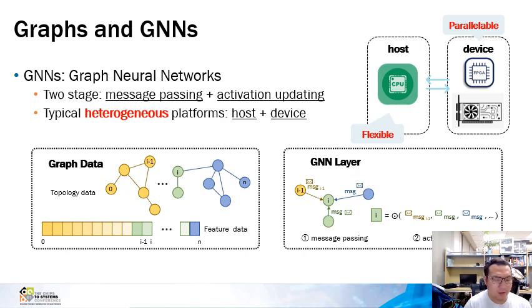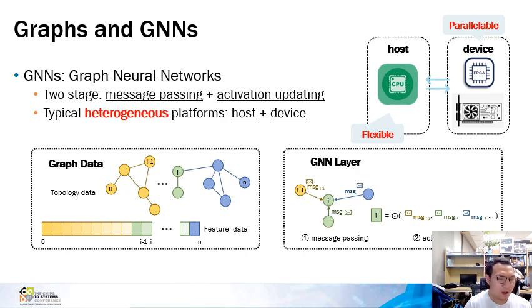Complex operations such as sampling and file IO are mainly executed on general-purpose platforms, which we call host. Massive but simple operations such as aggregate and combine are conducted on dedicated designed platforms, which we call device. By doing this, GNN training becomes more flexible and parallelizable.